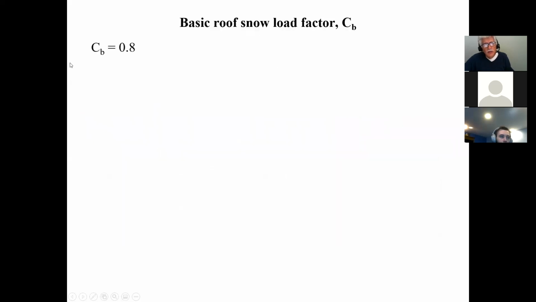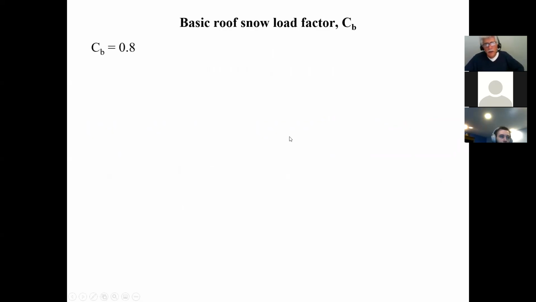Now, CB 0.8. Up to about 2010, CB was always 0.8. That didn't change. But after 2010, or I believe it was 2005, memory fails me right now, but I can tell you, if you go to an old building code, in other words, a National Building Code 2000 or 1995, CB is always going to be 0.8.